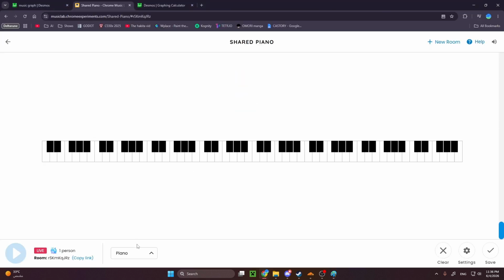So yeah, it's very interesting, and this of course applies to every single instrument. You have something here. This is the highest pitch, this is the lowest pitch. Same thing here, drums. Or strings.